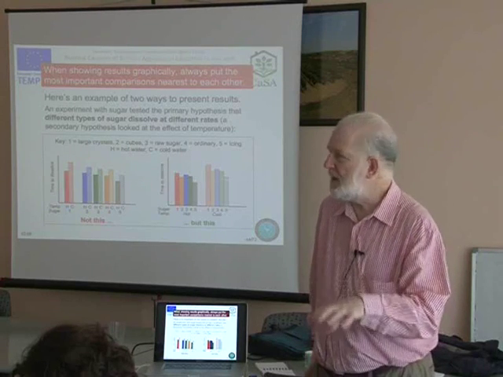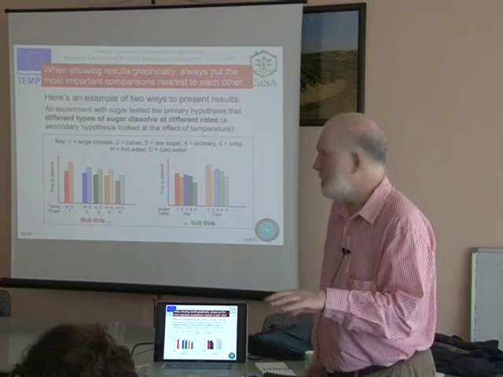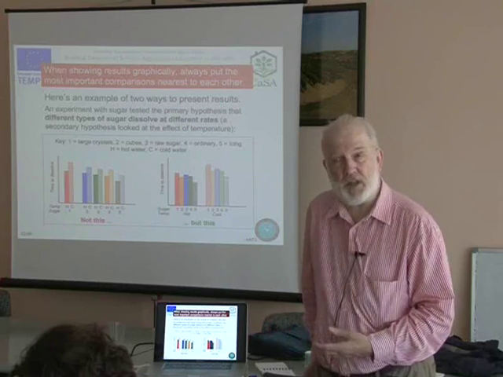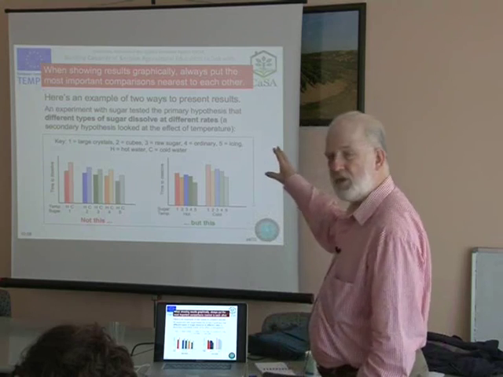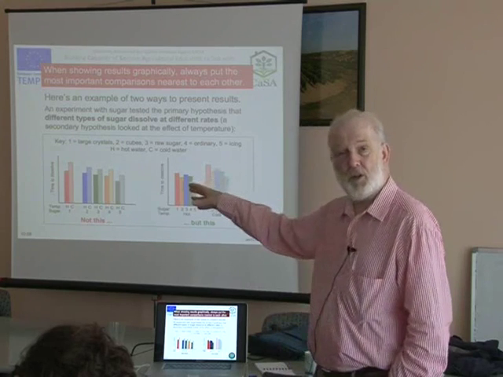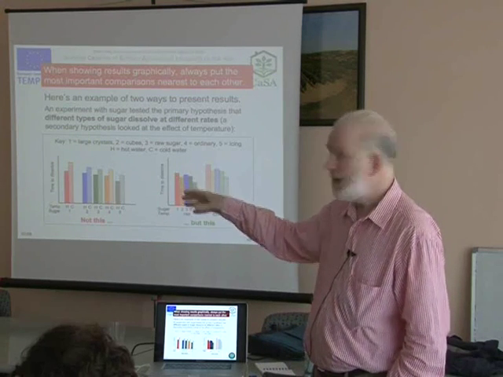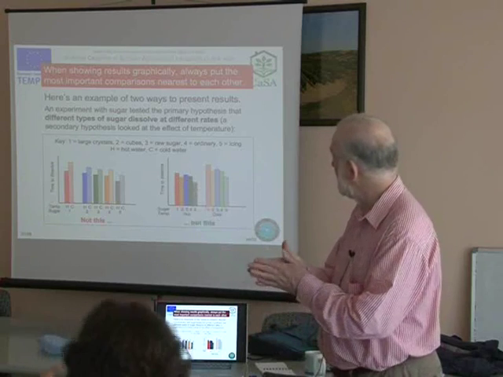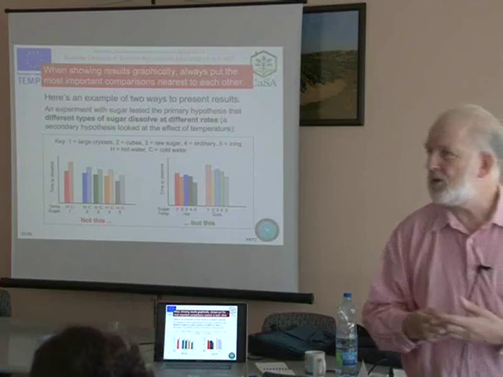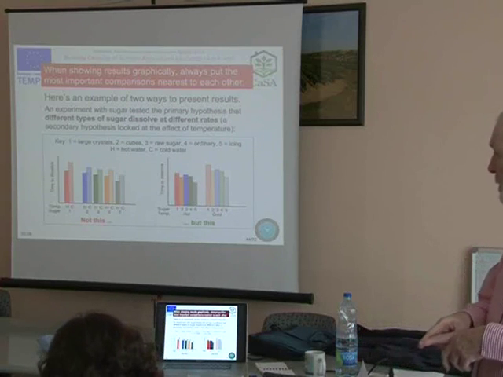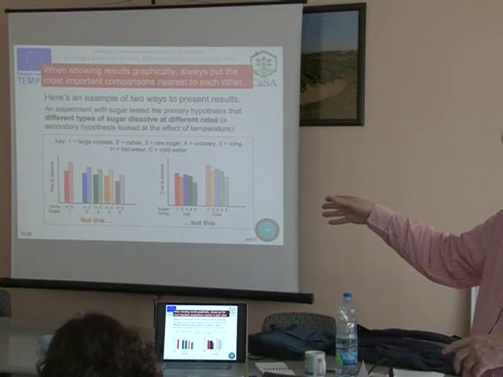Now, if your main hypothesis is that different types of sugar are going to vary, then use the graph on the right-hand side, not on the left-hand side. Because the graph on the left-hand side makes it easier for the reader to compare the different temperatures, hot and cold.